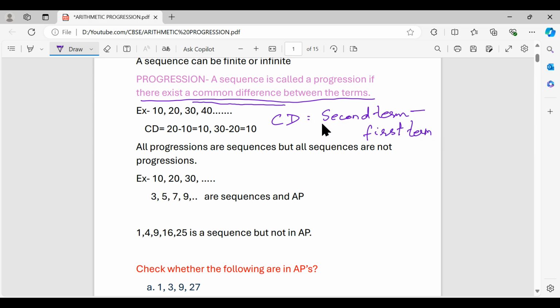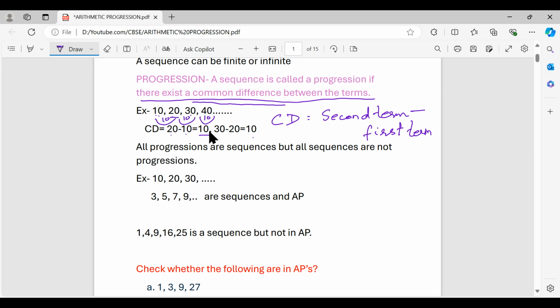So you have to do second term minus first term. So here second term is 20 and the first term is 10. So we can do 20 minus 10, that gives you 10. 30 minus 20, that gives you 10. So you can see there is a common difference between these terms. This increases by 10, this increases by 10, this increases by 10. So 10 is your common difference between these terms.